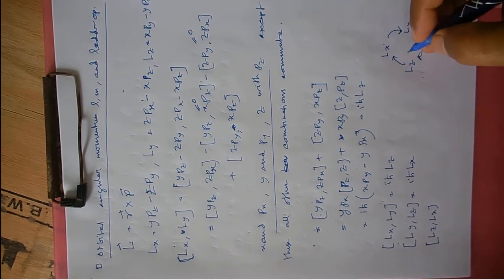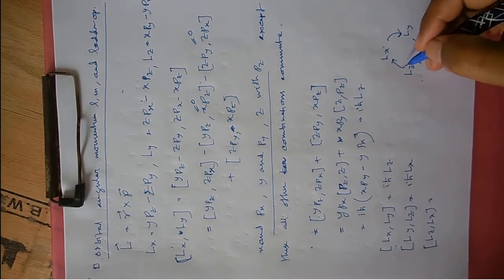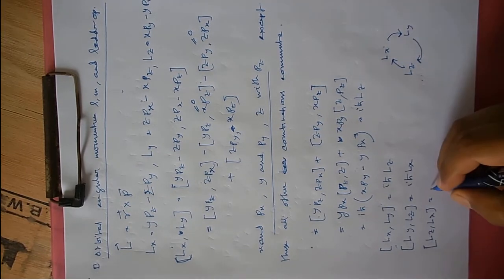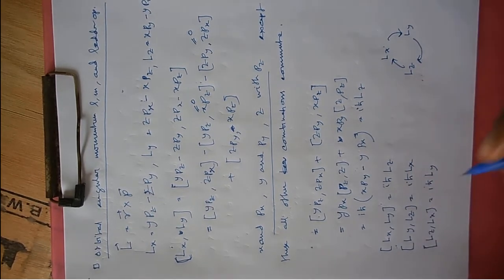If you write Lx, Lz instead, then you have to write minus i h-bar Ly. Only if you write in the form Lz, Lx can you write Ly. Fine, you have got these commutation relations.